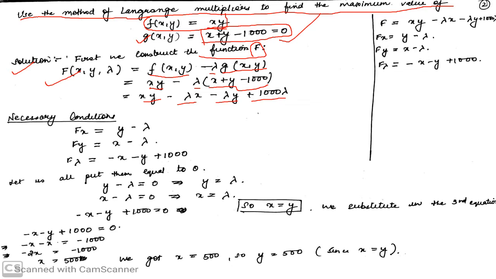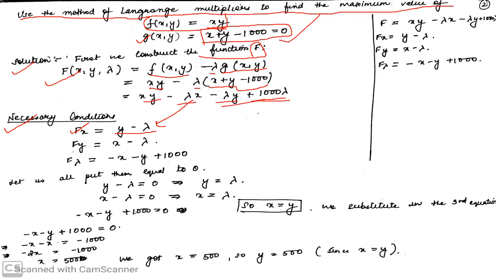Second is the necessary condition. You have to find the partial derivatives. From the new function, fx with respect to x will be only y minus lambda, the other terms being 0.